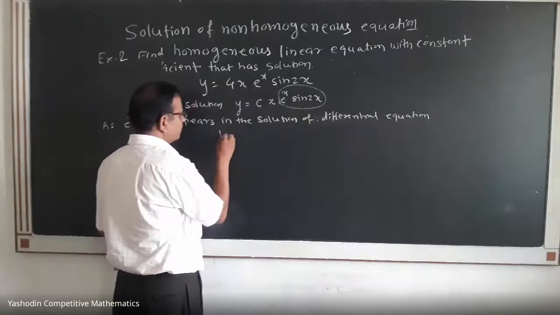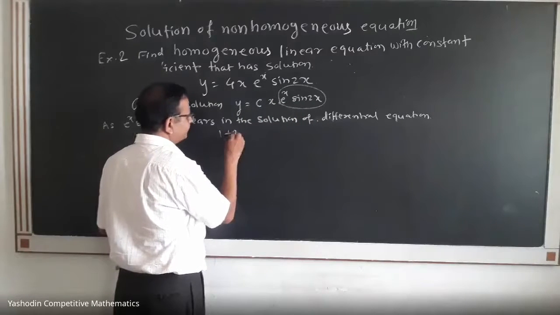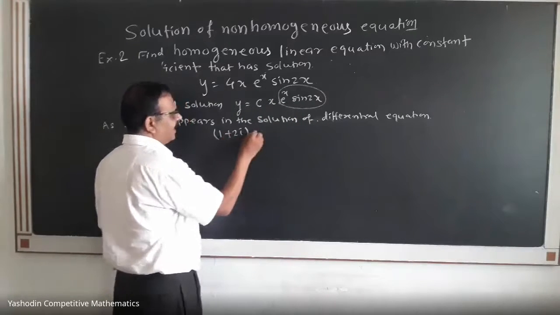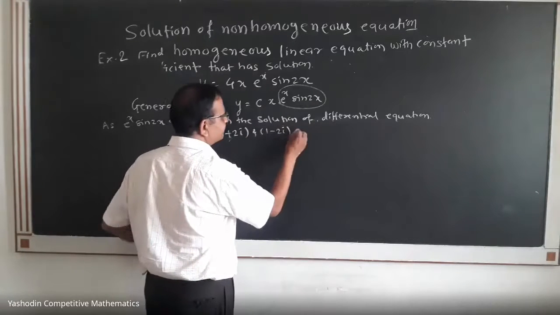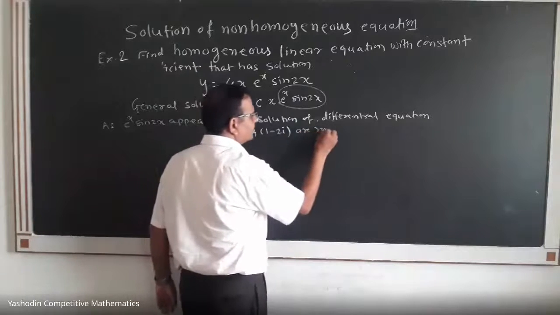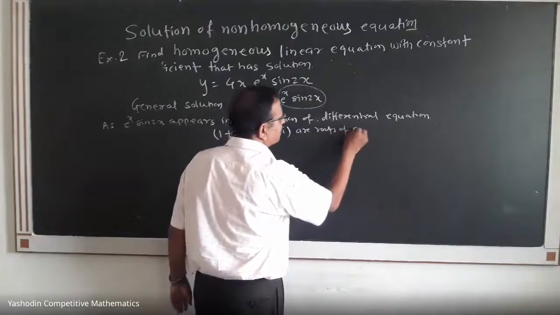Therefore, 1 plus 2i and 1 minus 2i are roots of the auxiliary equation.